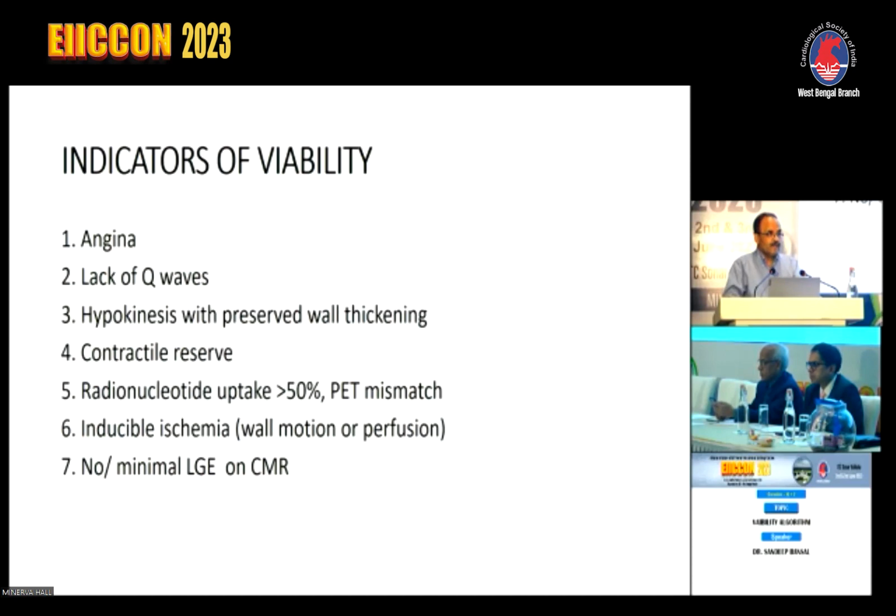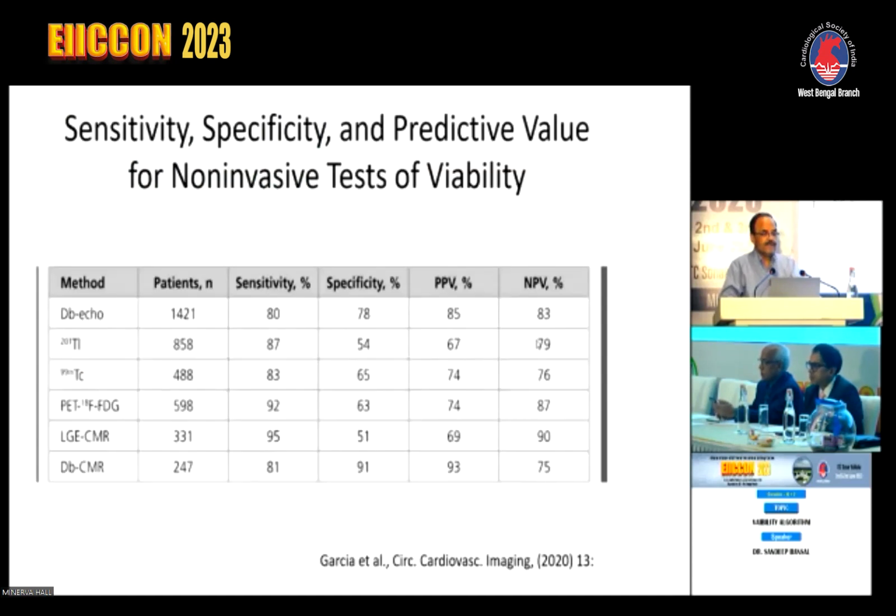And if there is no or minimal late gadolinium enhancement on the cardiac magnetic resonance imaging, then again, it is an indicator of viability. So this slide shows the sensitivity, specificity, and positive predictive value of all the non-invasive tests of viability.